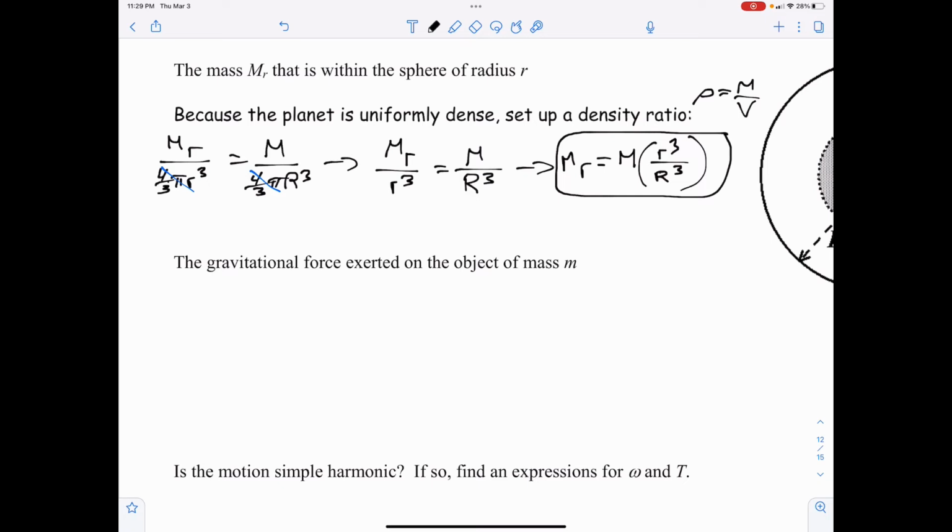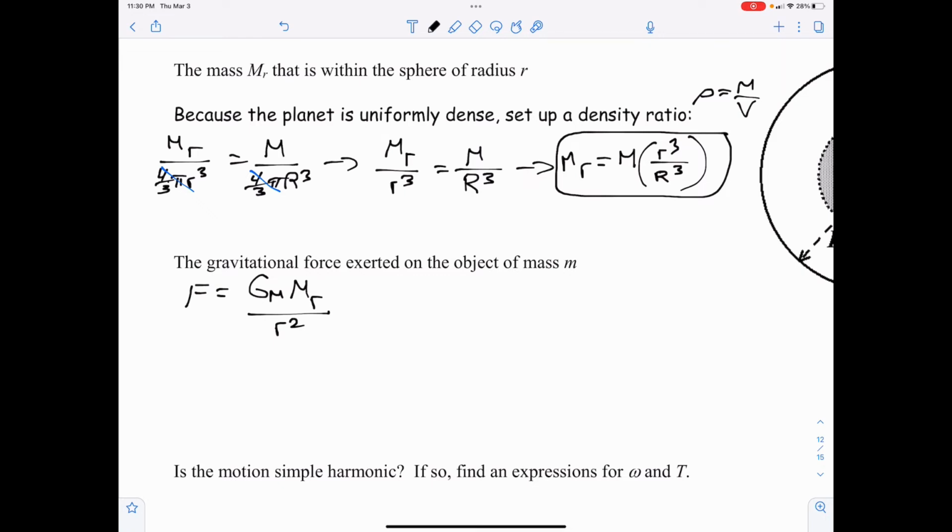The gravitational force exerted on mass little m. Okay, let's start with our gravitational force equation. F equals big G, little m, big M sub r, over little r squared.